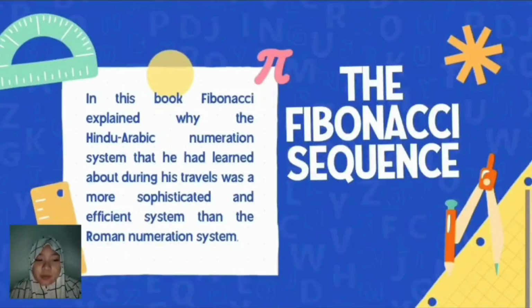In this book, Fibonacci explained why the Hindu-Arabic numeration system that he had learned about during his travels was a more sophisticated and efficient system than the Roman numeration system.